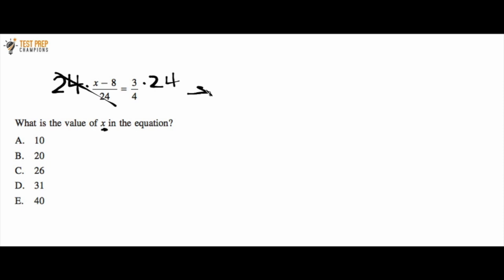Okay, and when I rewrite this, I will just have x minus 8 equals 3 times 24, which is 72, all over 4. If you're wondering how I got 72 here, it's because 3 times 24 is 72.